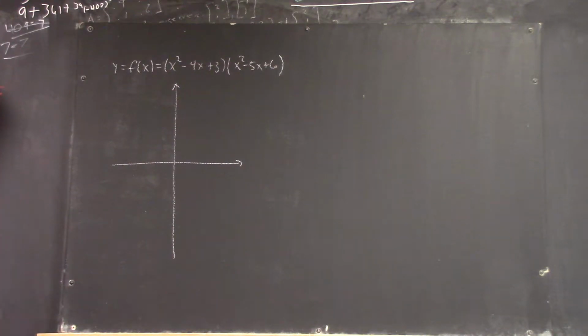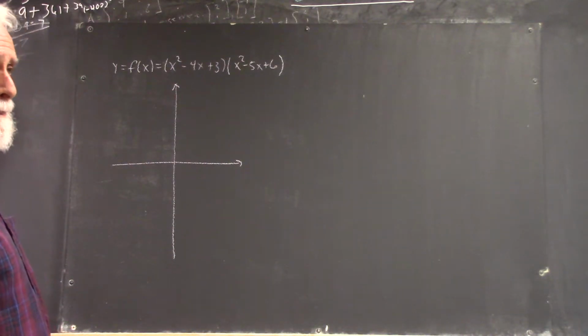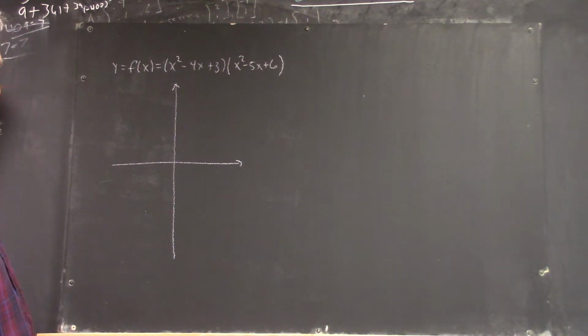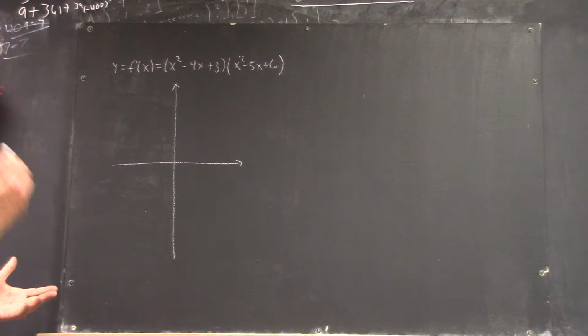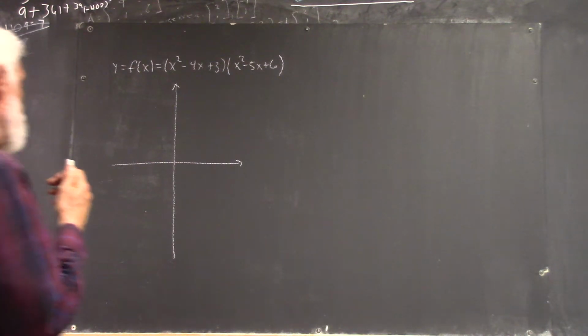So what points can you easily find on the graph of this function? Like, what's a really easy number to plug in for x? Again? 0. Yeah, 0. Okay, easy point.